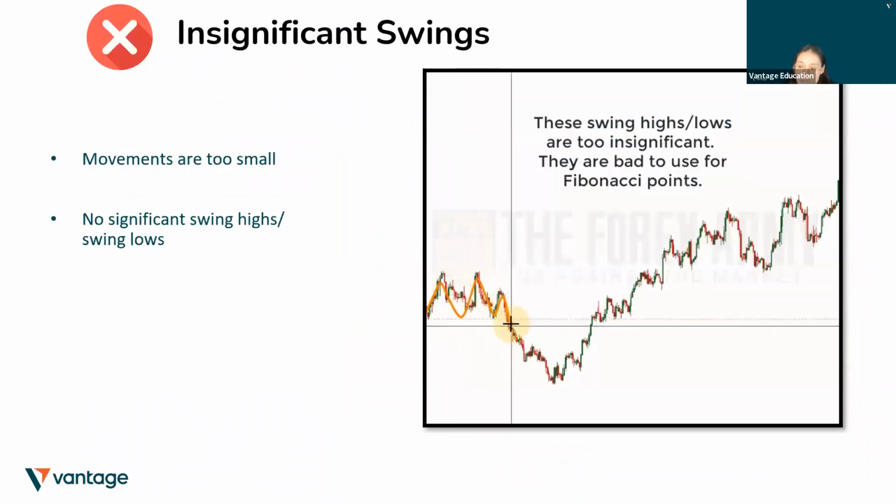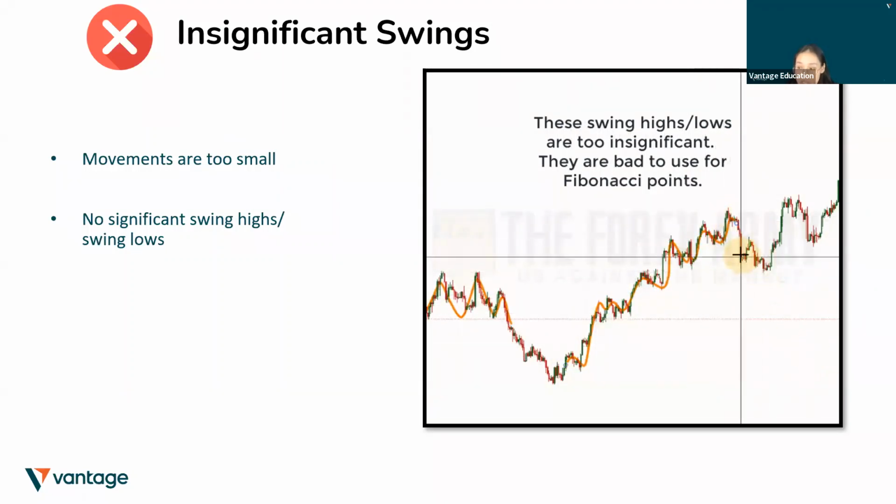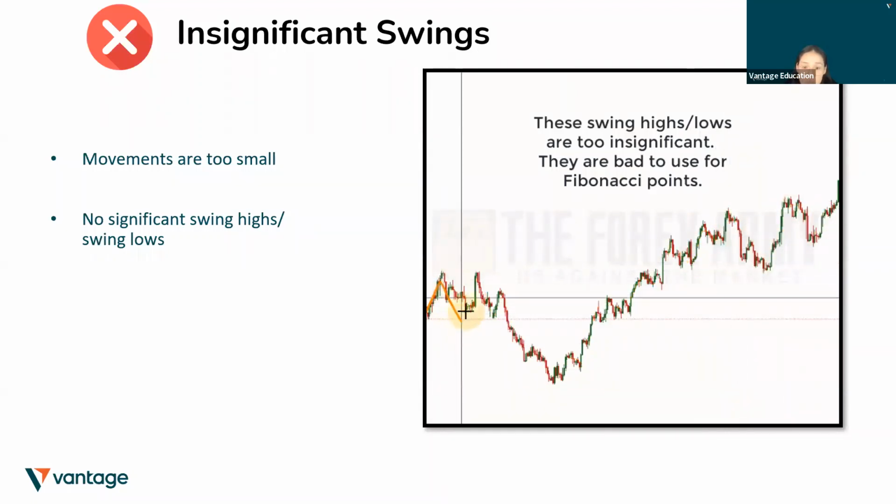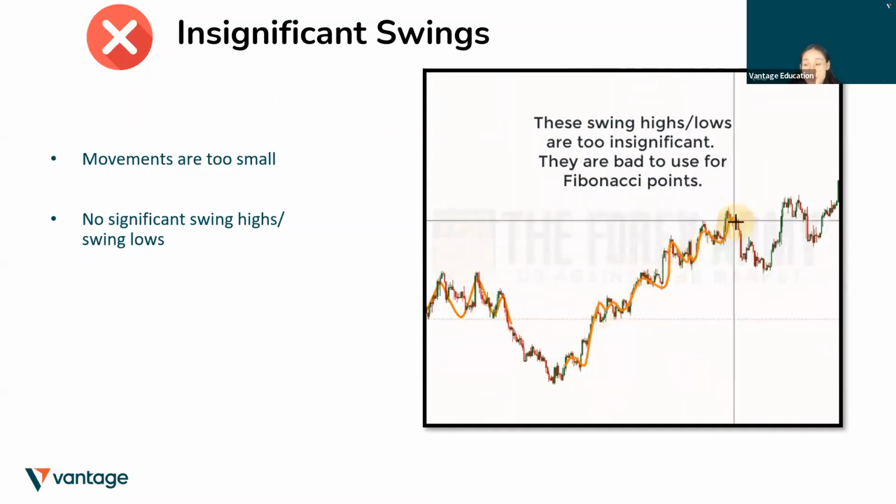So first, let's look at an incorrect example. Here's an example of insignificant swings, which are bad points to use for Fibonacci starting and ending points. These are also bad points to use if you're looking for support and resistance levels. Why?